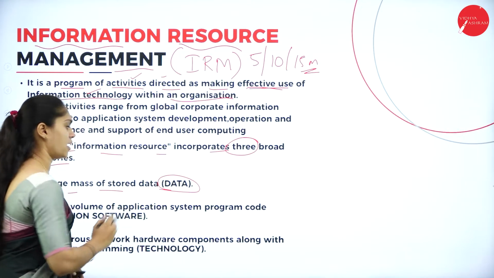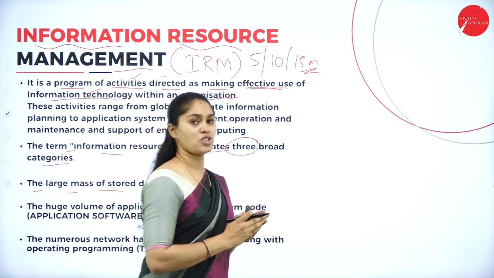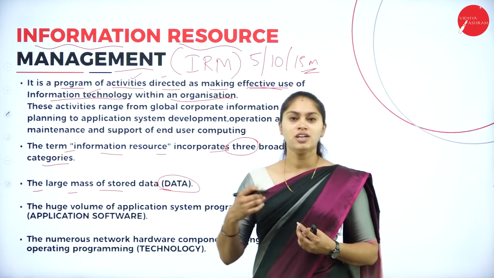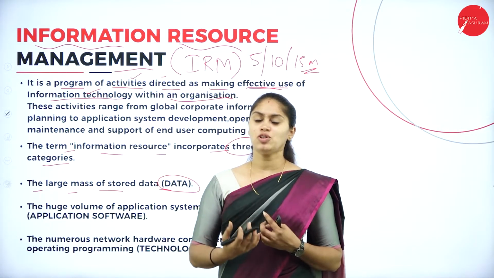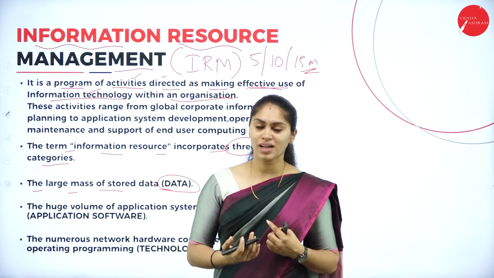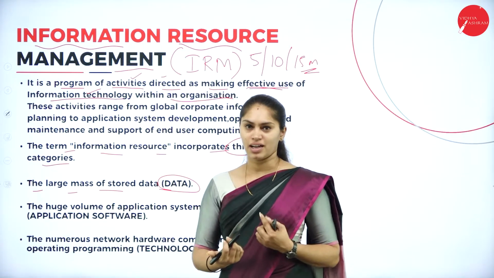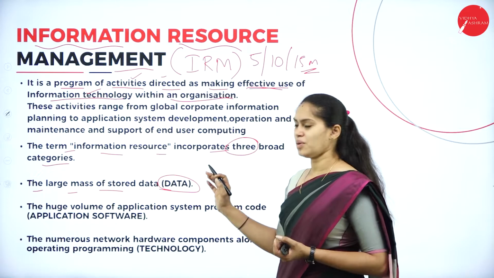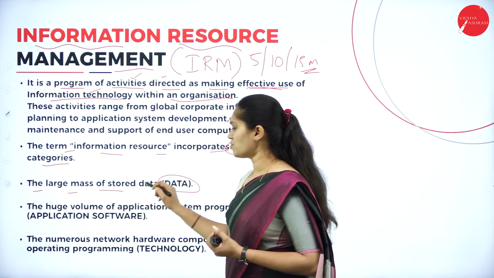I can consider that as data. This information resource, even additional information, will play an important role regarding competitors. If I get to know more about the competitors, then it will be easy for me to make the best decision in the market. So here also, information resource management, or IRM, will have a large mass of stored data.